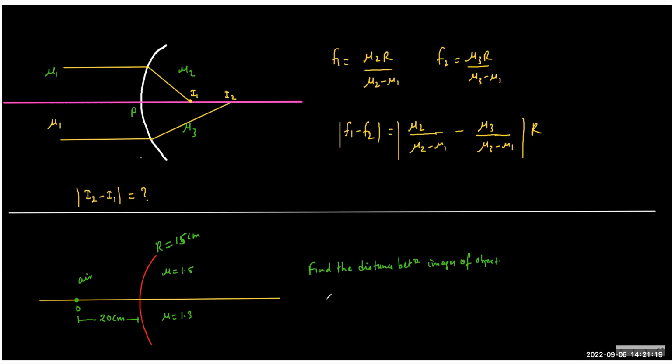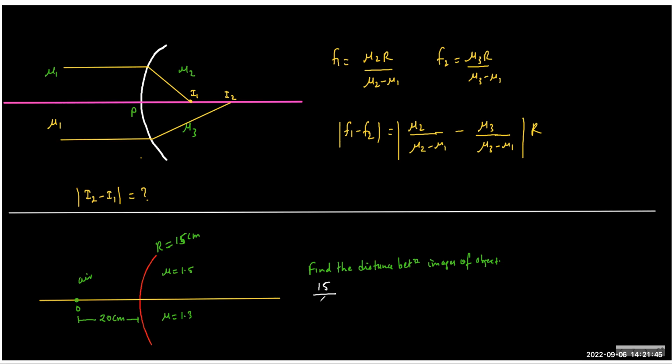Sir, for the topmost point, I got V negative for some reason. That's quite possible. If V is negative, it means it is on the left side. Let's find the D for the top. D up you can write as R upon mu minus 1.